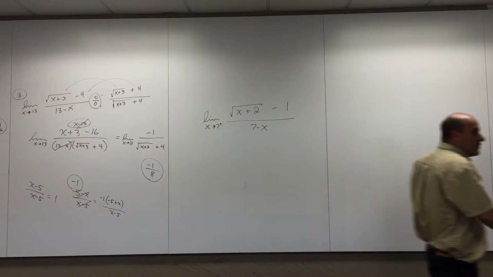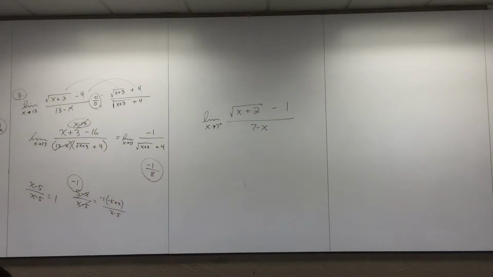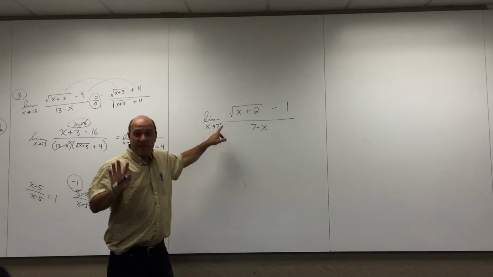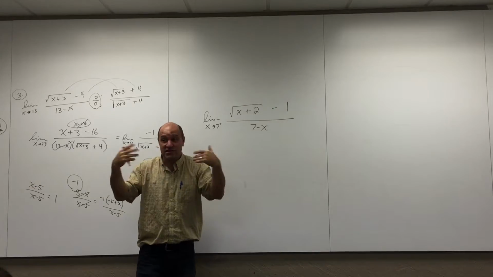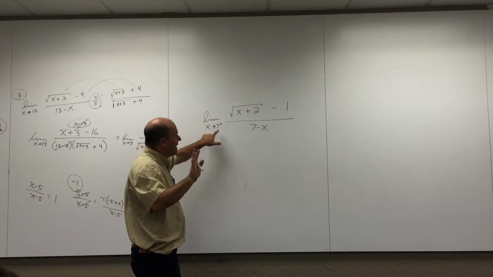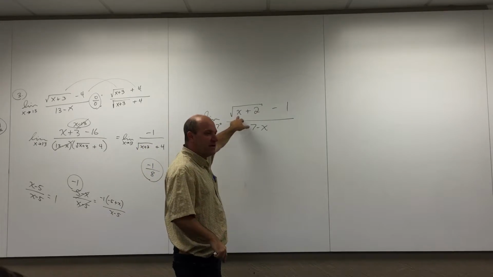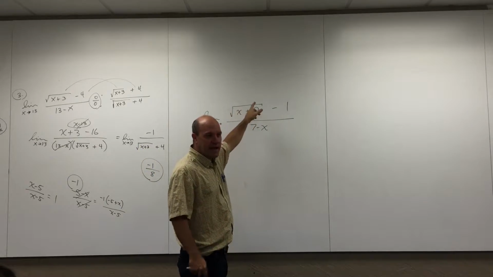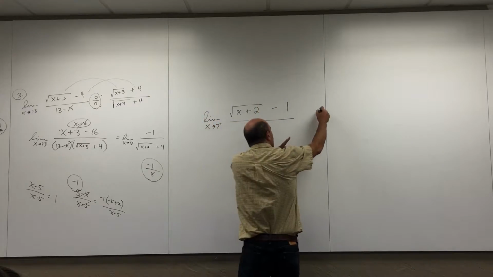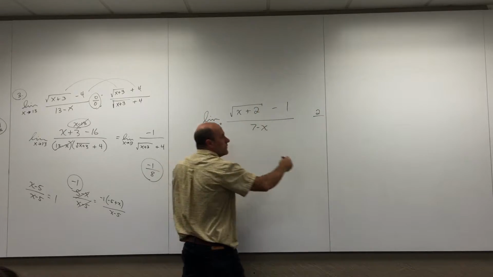Even though I put a square root in it, when you plug your 7 in, oh, by the way, it's 7 from the right, but at first that doesn't even matter. You still just plug the 7 in and see what you get. What do you get? You get 9, square root of 9 is 3. 3 minus 1 is 2 over 0.